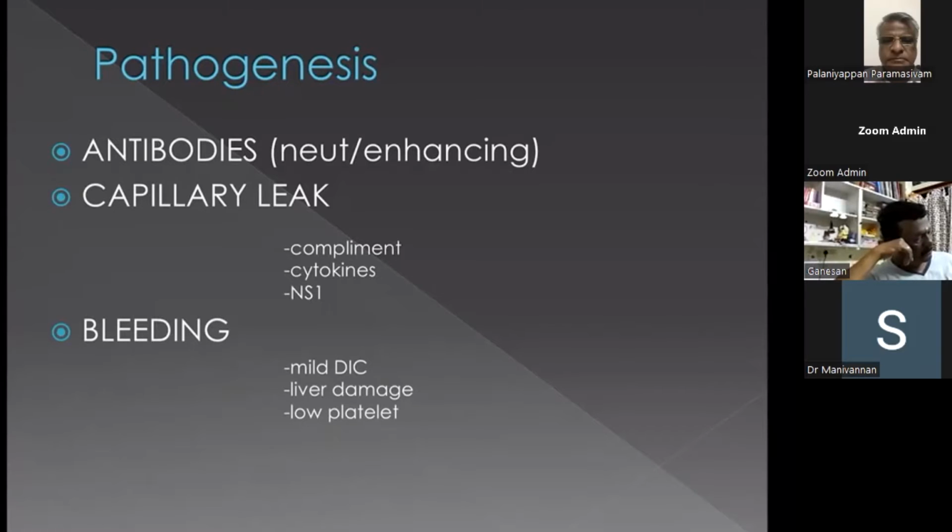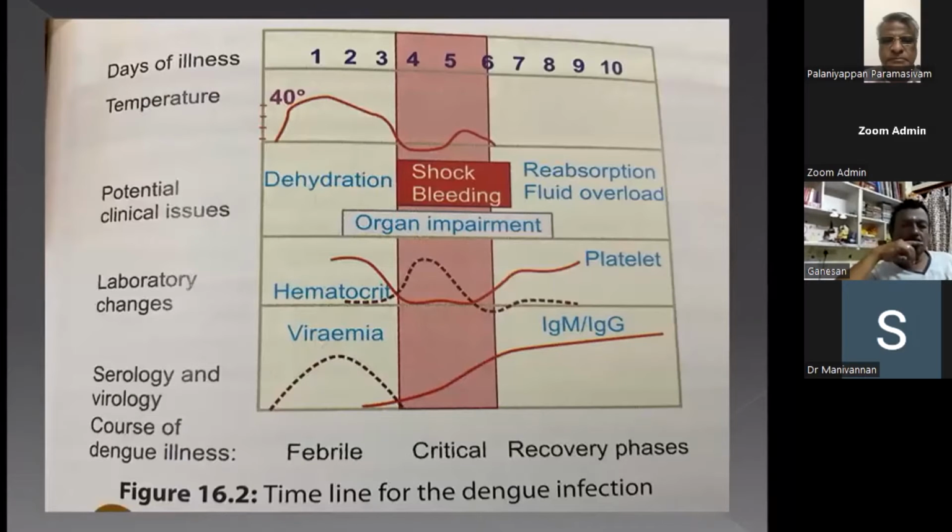Then I'll briefly mention the clinical features. This graph shows the initial febrile period that lasts for about 5 to 7 days. Once the fever subsides, we have our critical time, which lasts about 1.5 to 2 days. After that, it's called the recovery phase.